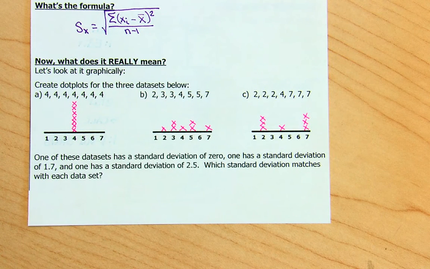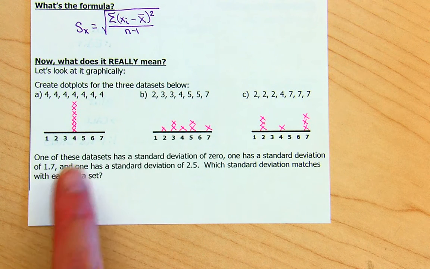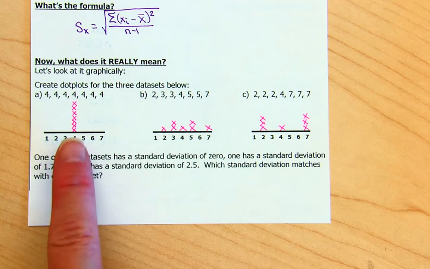So if we're talking about how spread out these things are, if standard deviation is a measure of spread, we should be able to tell which of these has the smallest amount of spread, which would be which one? Which one's not spread out? A, right? Because they're all the same value.